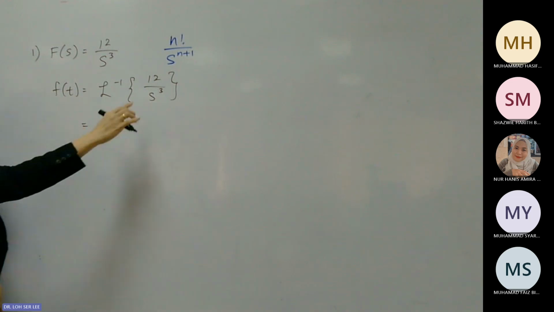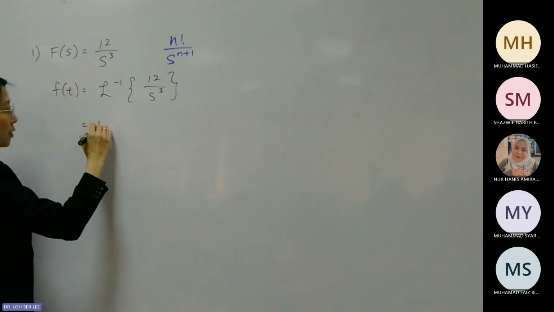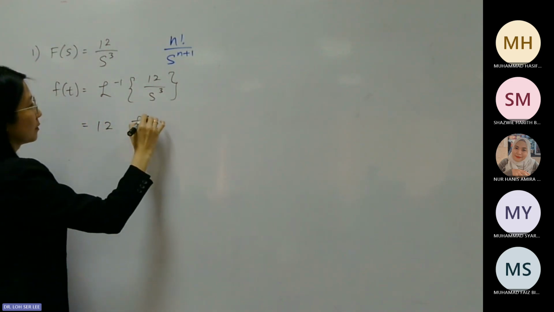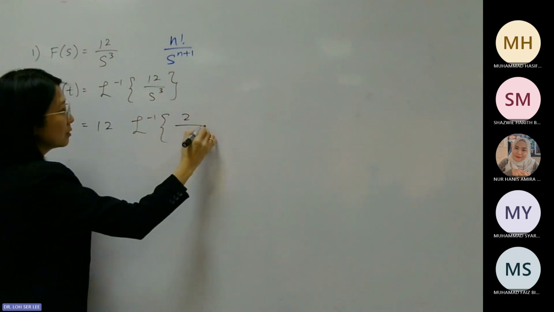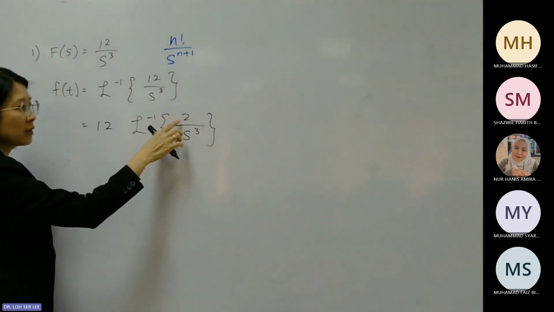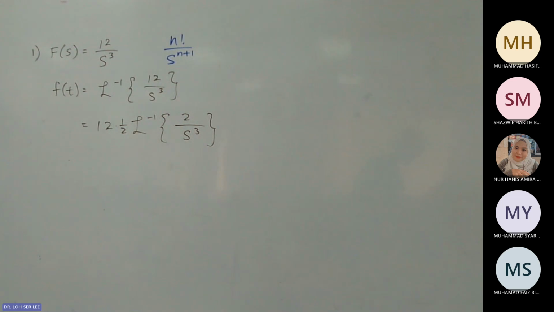We need a 2, but we have a 12. So we take out the 12. 2 factorial is still 2. So when you insert a 2, we divide by the 2 outside. Or you can just factorize a 6.